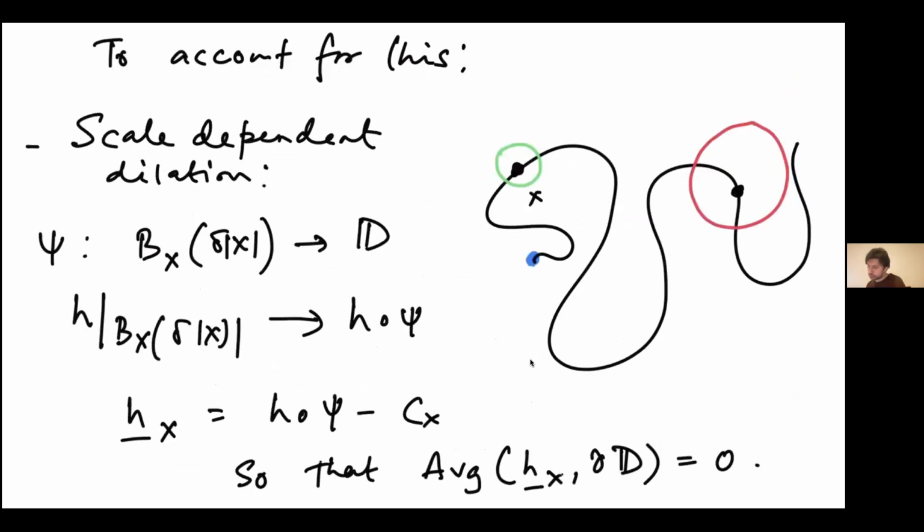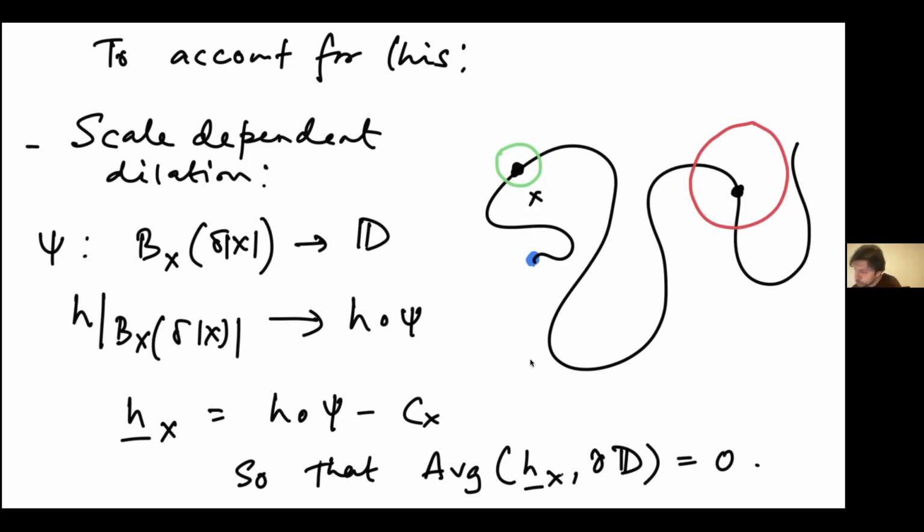To do that, we do a couple of things. One of them is a scale-dependent dilation. Suppose you look at some point x on the geodesic. Depending on where x is, the ball that you look at around x will depend on how far x is.